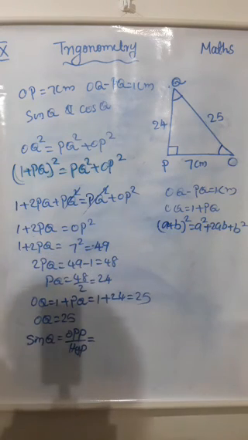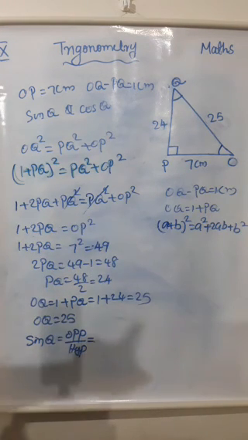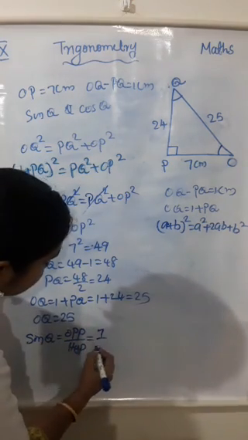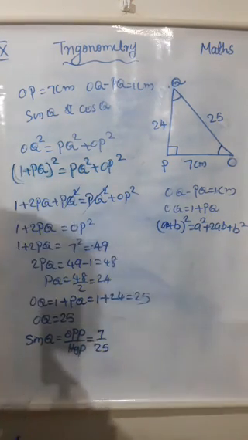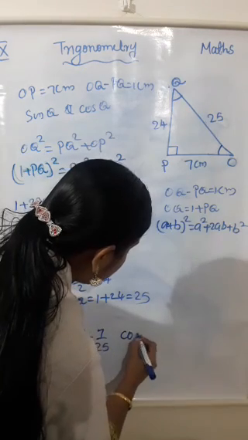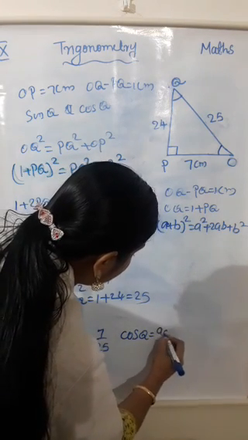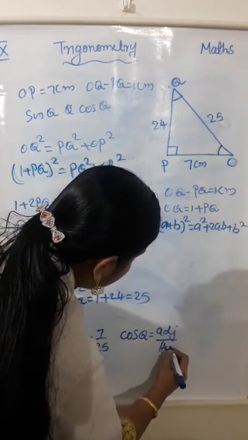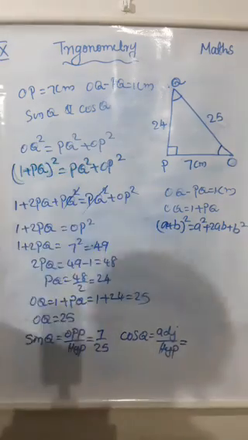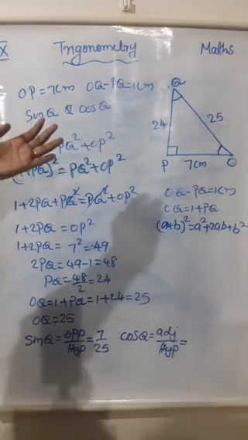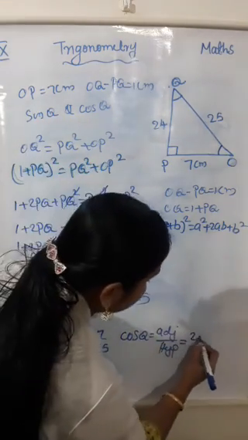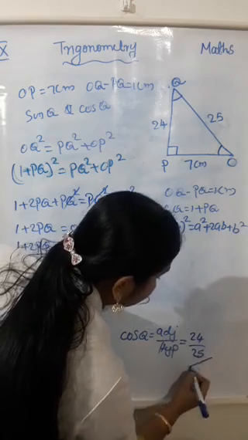Here the side opposite to Q is 7 centimeters, so sin Q is 7 by 25. Cos Q is equal to adjacent by hypotenuse. Here the adjacent side is 24, so cos Q is 24 by 25.